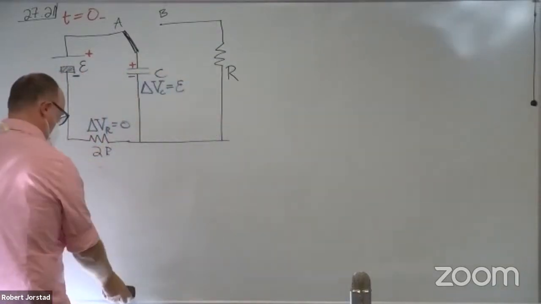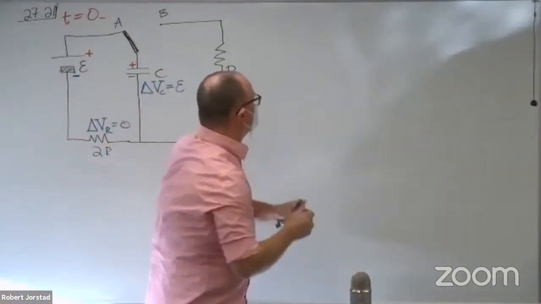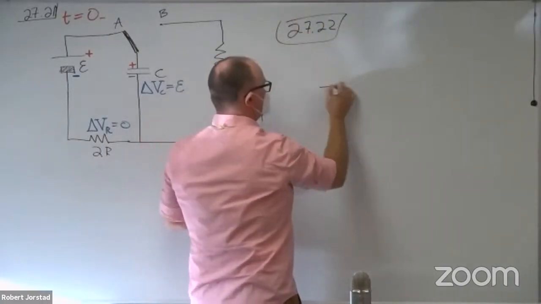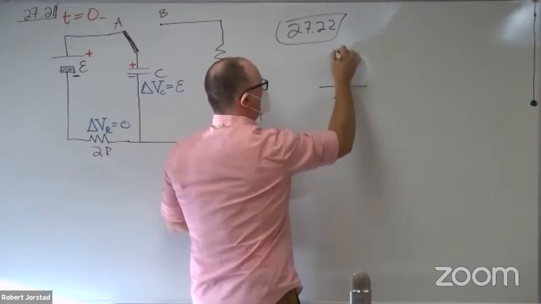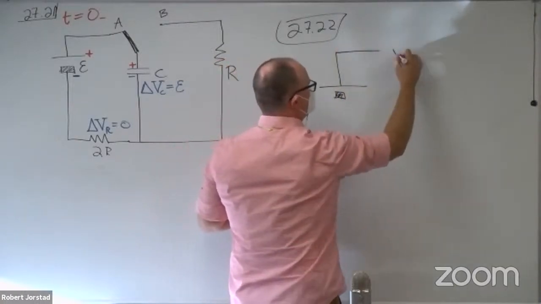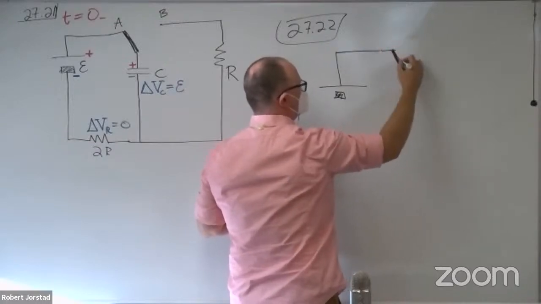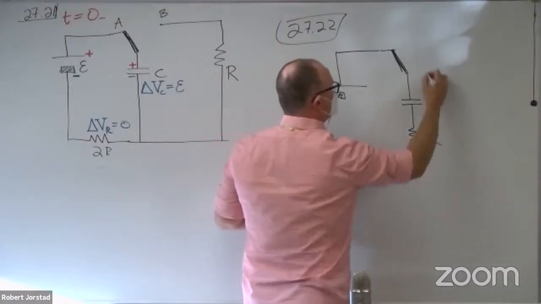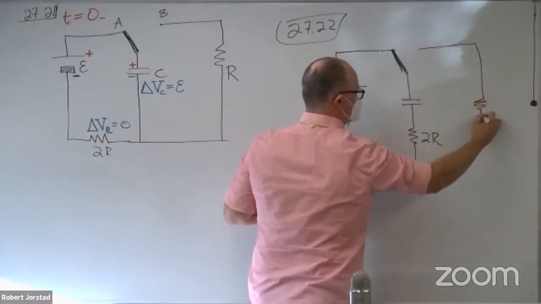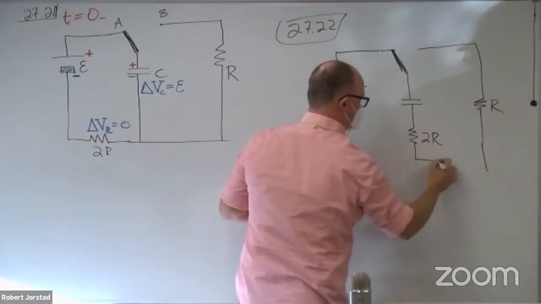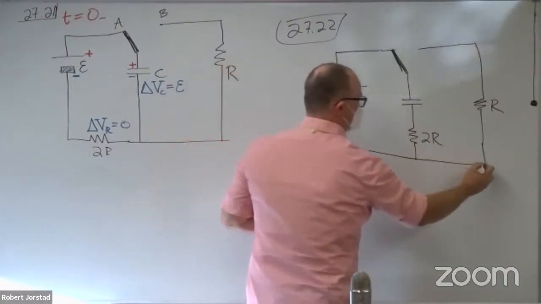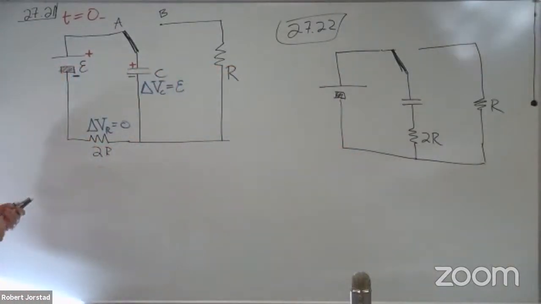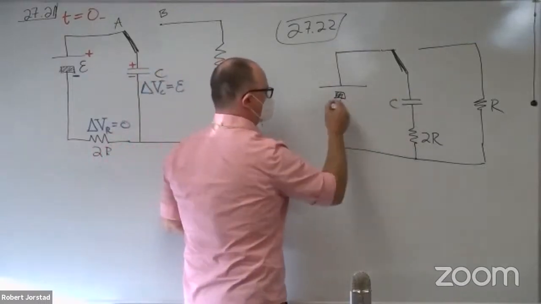So this is 27.21. 27.22 looks nearly identical. There's a battery here. There's a switch here. There's a capacitor here. 2R. R. And okay, there's a capacitor here, C, there's E.